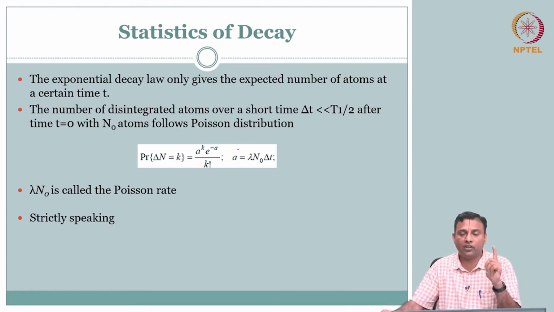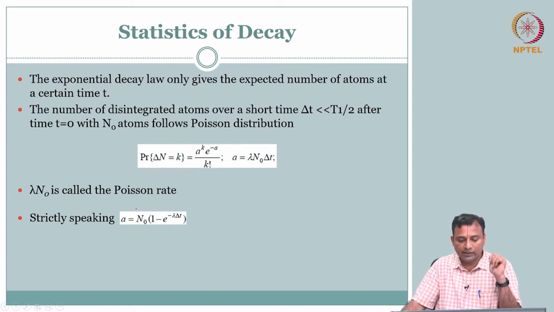That is what we saw. So in that sense, your radioactivity is what you started with minus whatever has disintegrated in the time delta t. This is strictly your A, the radioactivity after delta t.